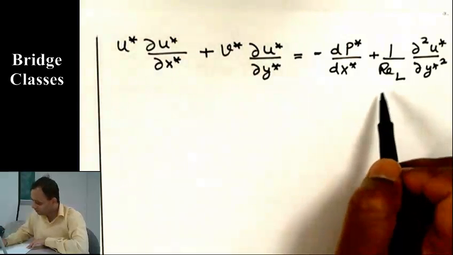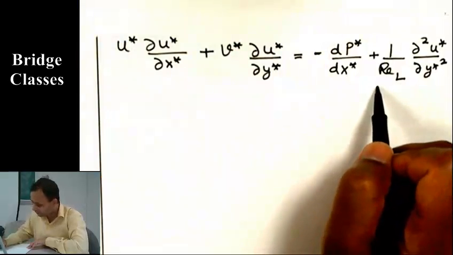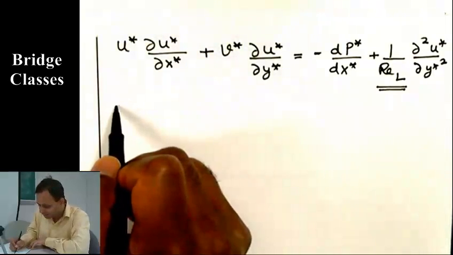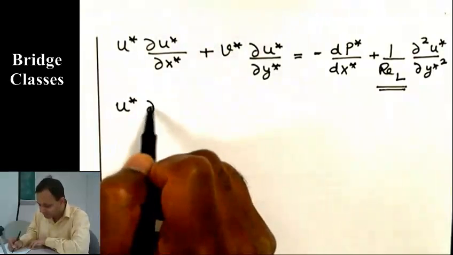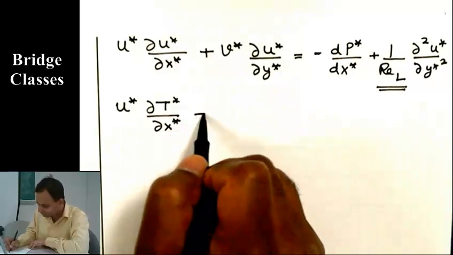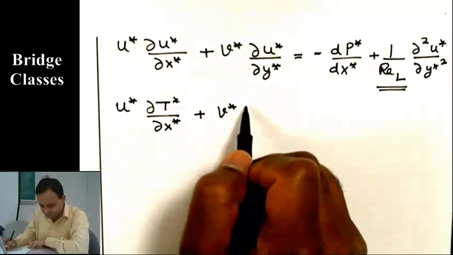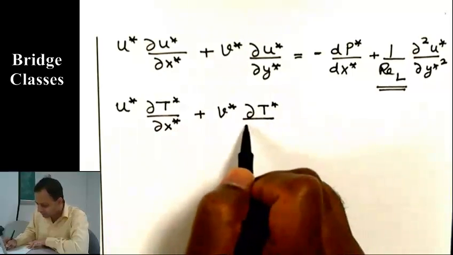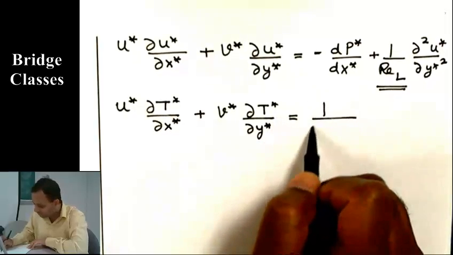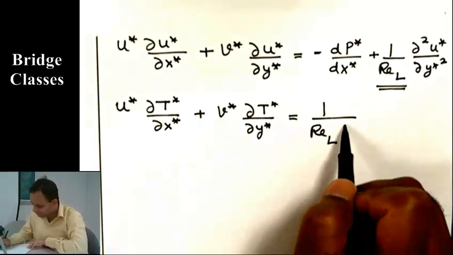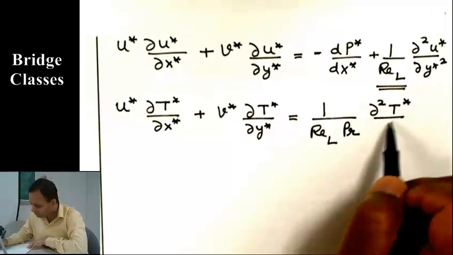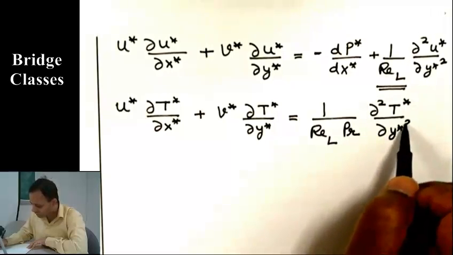So you see, in the non-dimensional equation we got this parameter Reynolds number. Okay. And similarly the non-dimensional energy equation becomes u star del T star over del x star plus v star del T star over del y star equals 1 over Reynolds number L times Prandtl number times d square T star over d y star square.